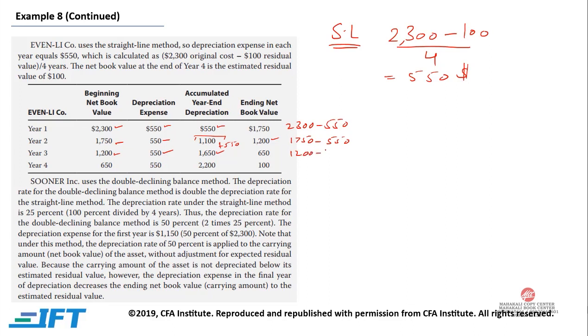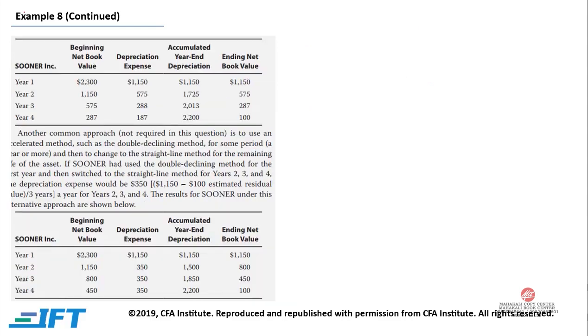Now again 1200 minus 550 would give us 650. Now in the end we start with 650, again depreciation 550, total accumulated depreciation 2200, and we get the residual value of 100. The total accumulated depreciation is 2200.